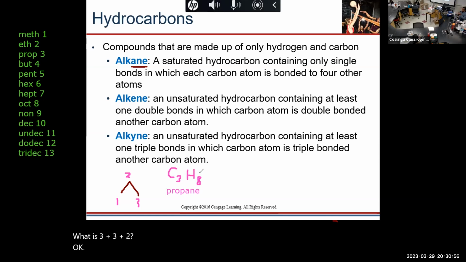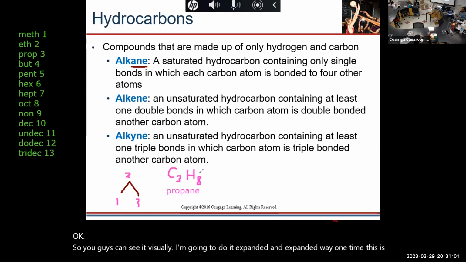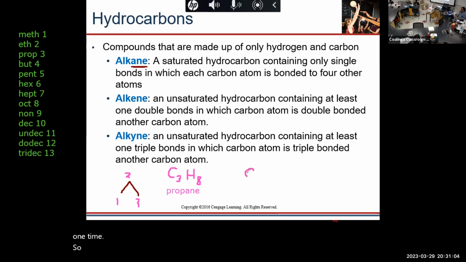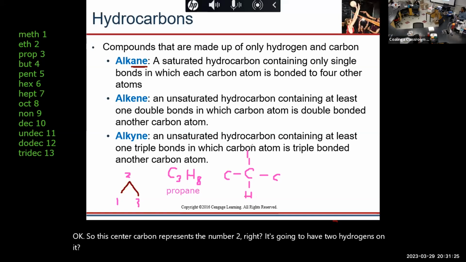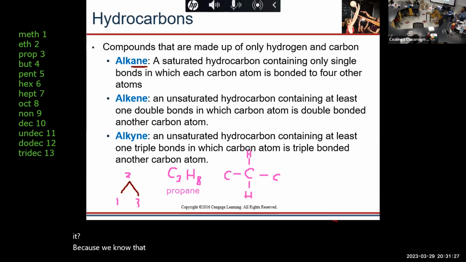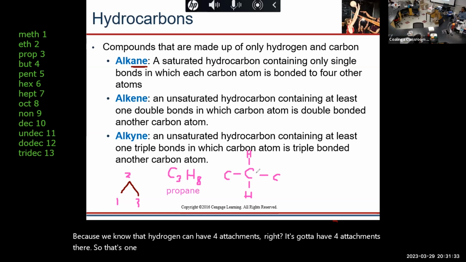So you guys can see it, I'm going to do an expanded way 1 time. Okay, so this center carbon is going to have 2 hydrogens on it. But you know that carbon has 4 attachments, so that's 1, 2, 3, 4.